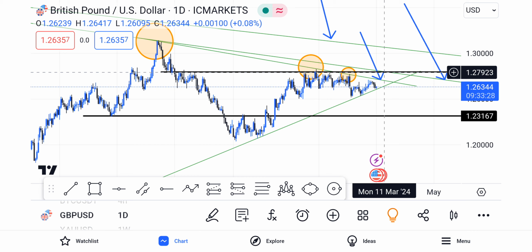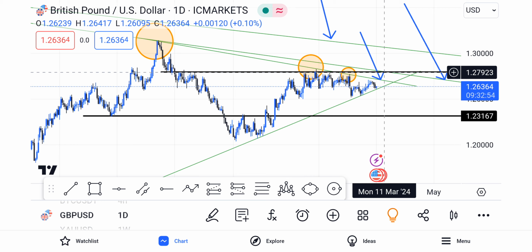And the psychology behind this idea of confluence is that those who are trading based off trend lines will be looking at that particular point to either short or long the market. Those who are trading off support and resistance, like the horizontals we just drew in, will also be looking to short or long the market from that point.